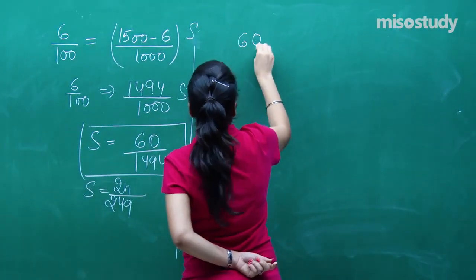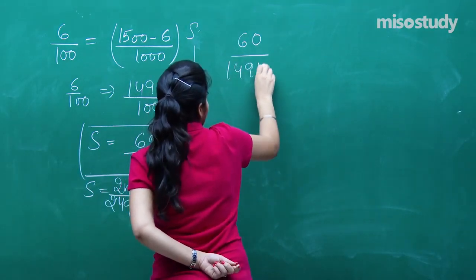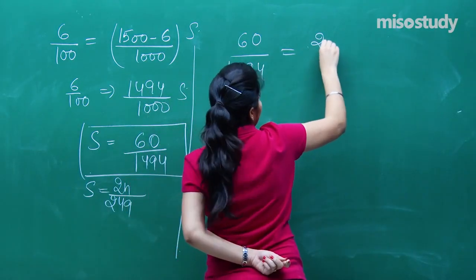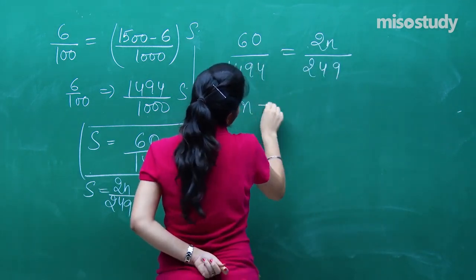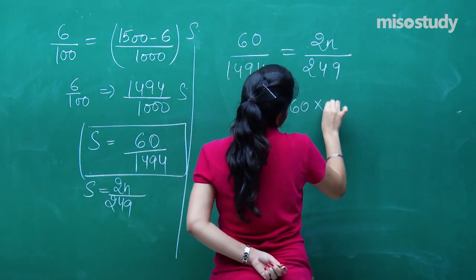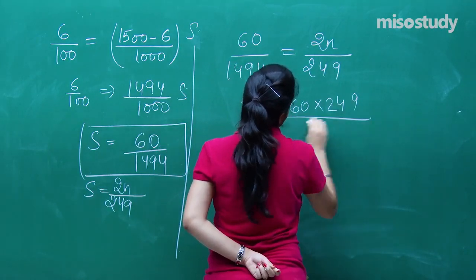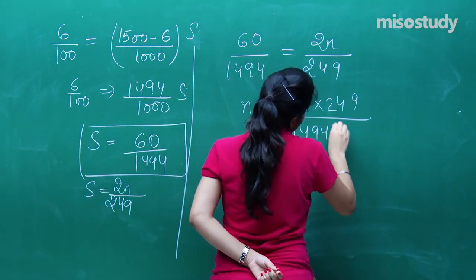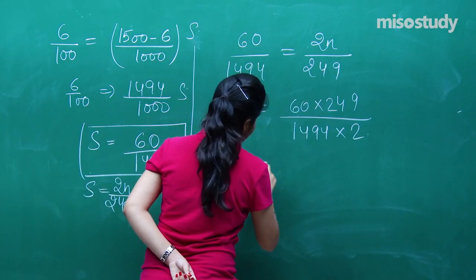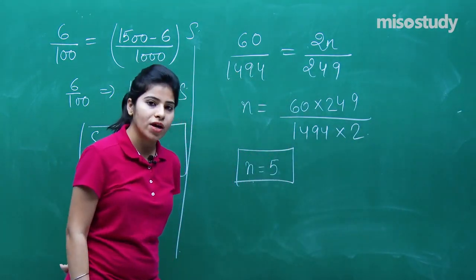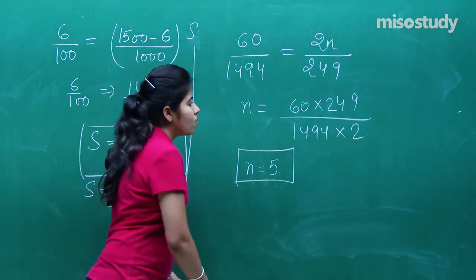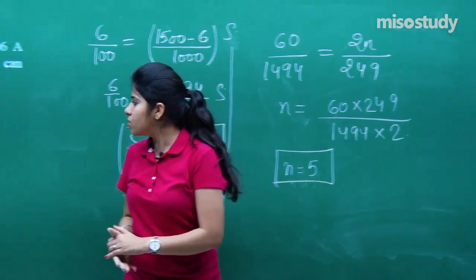So 60 divided by 1494 equals 2N divided by 249. So from here the value of N, when you solve this, you will see that N equals 5.